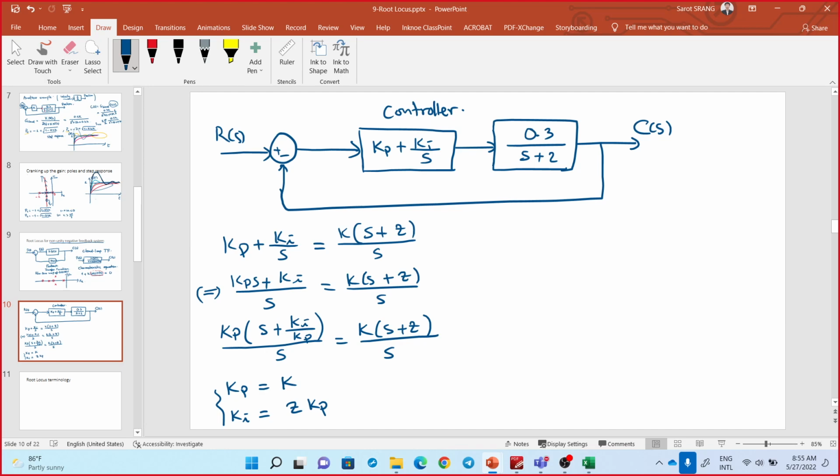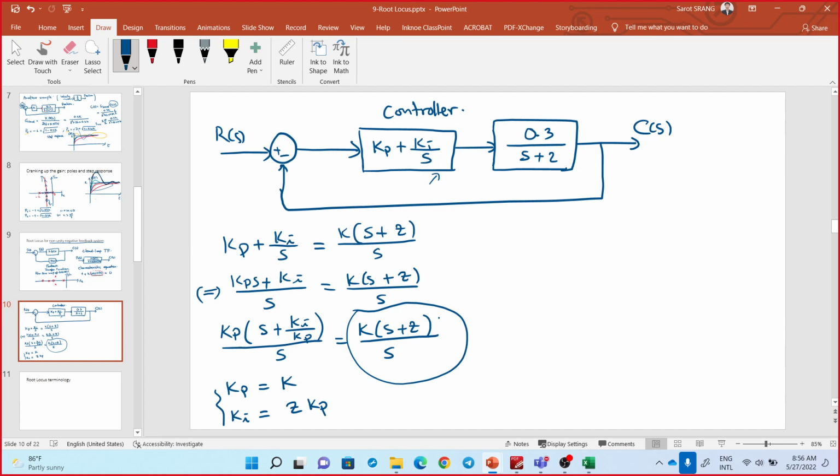So what can we do with this form, and how can we apply the root locus method? When we substitute this in here, then we can rewrite the open loop transfer function, I mean the whole open loop transfer function with the controller part.